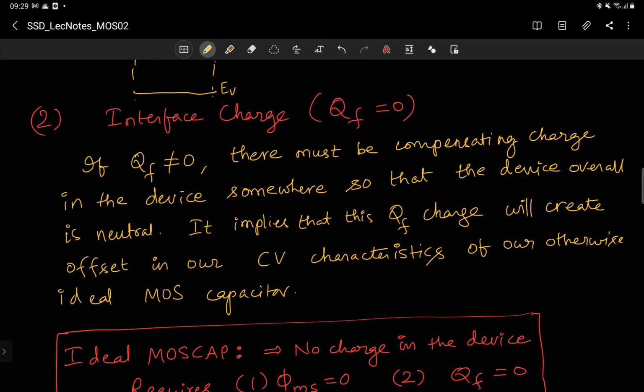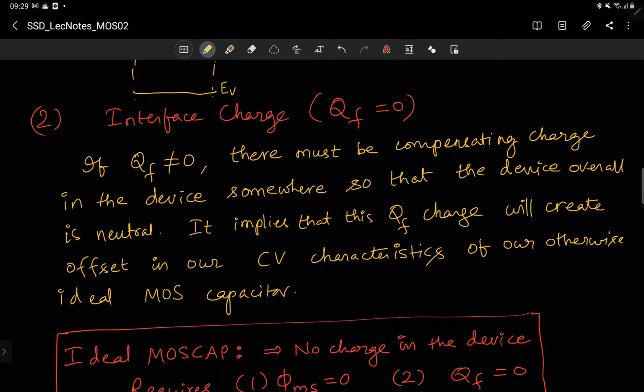It will somehow attract negative charge and compensate, even during wafer processing. So you cannot have a charged device just out of fab. Neutralization will happen somewhere: if QF at the interface is positive charge, then somewhere negative charge will be there, so that the positive and negative charges cancel and the device is neutral overall.